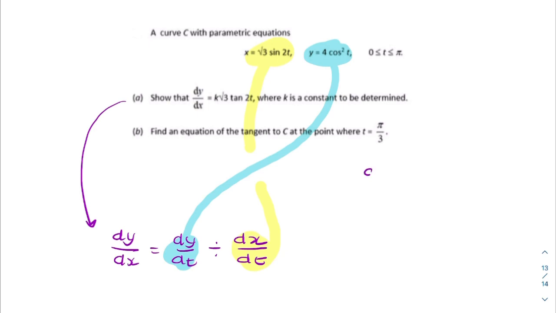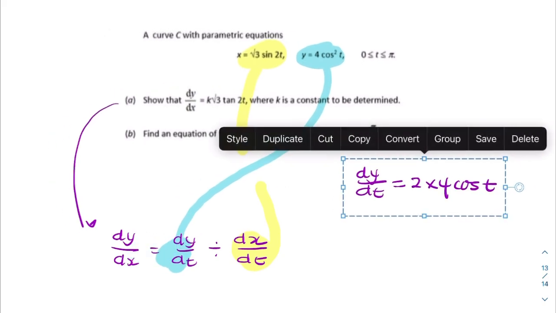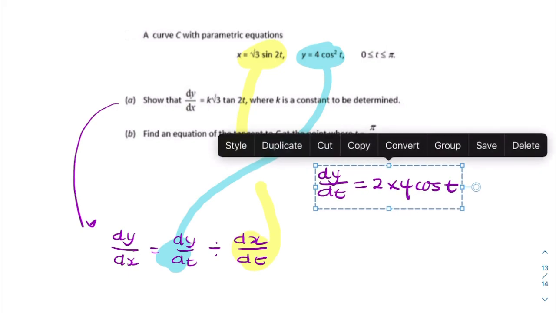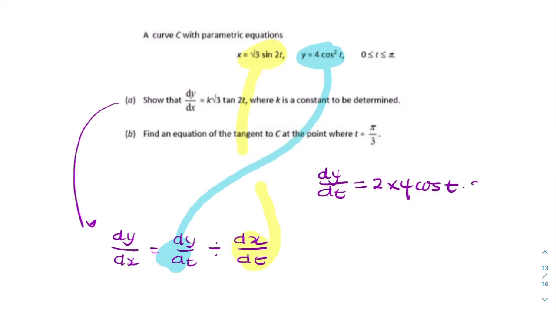So dy by dt will be the derivative of 4 cosine squared. So again, you can use the chain rule, and that becomes 2 times 4 cosine t, and because it's cosine t rather than sine t, you need to use the chain rule and multiply by the derivative of cosine.